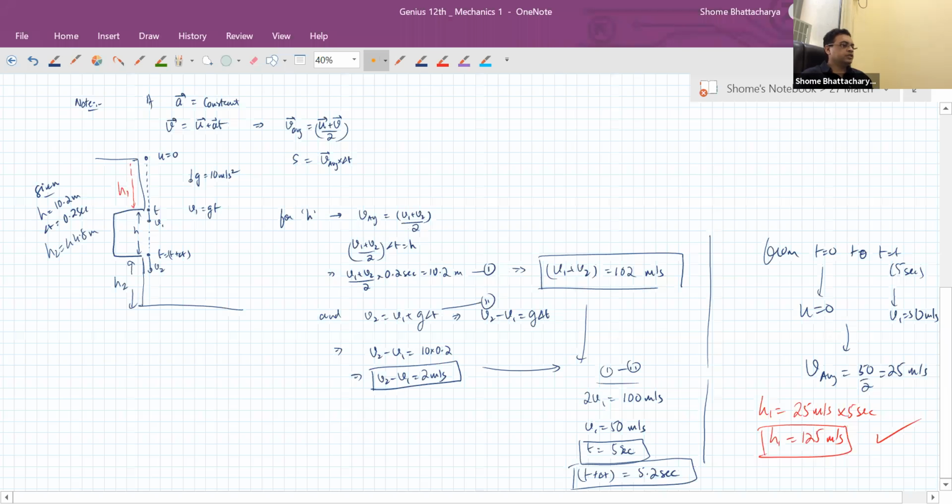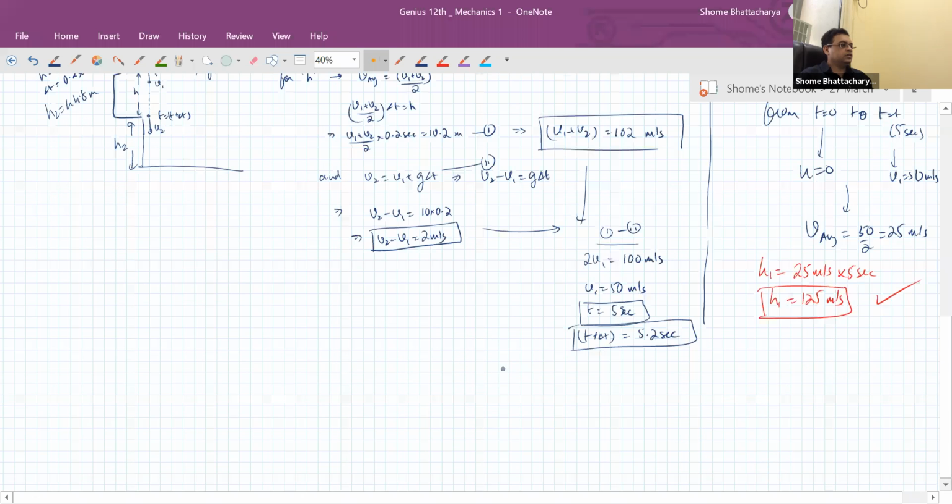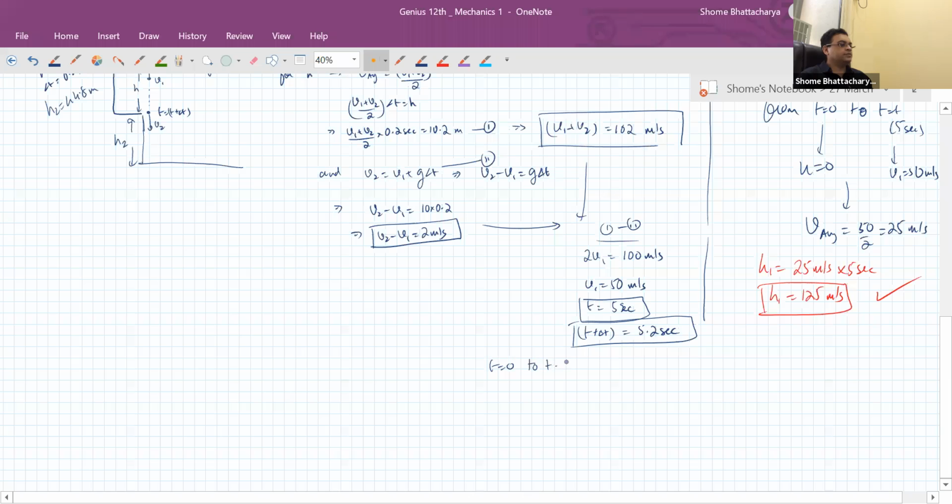Now you can see that from t equal to 0 to t equal to capital T, the total displacement is h1 plus h plus h2. So that is 125 plus 10.2 plus 44.8. So that is 125 plus 55, right? So that is 180 meters.